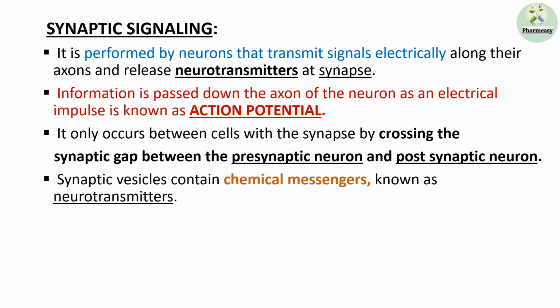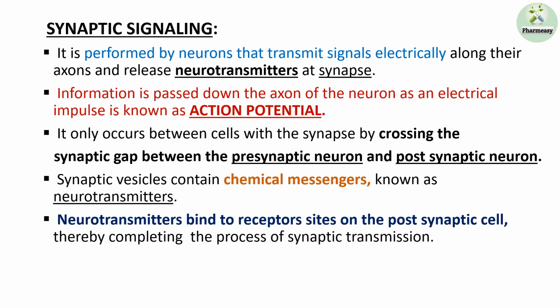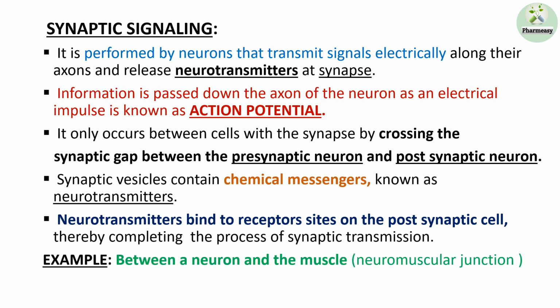Synaptic vesicles contain chemical messengers, known as neurotransmitters. Neurotransmitters bind to receptor sites on the postsynaptic cell, thereby completing the process of synaptic transmission. Example is synaptic signaling between a neuron and the muscle, that is neuromuscular junction, and it is controlled by neural activity.